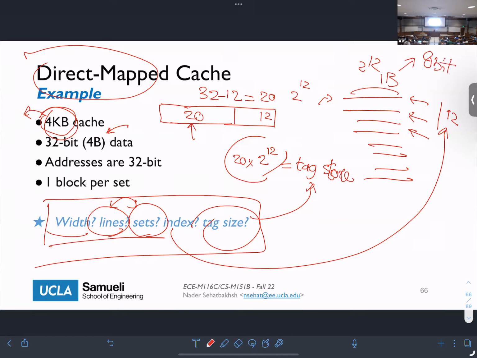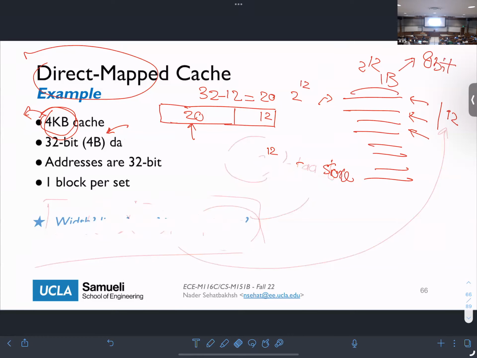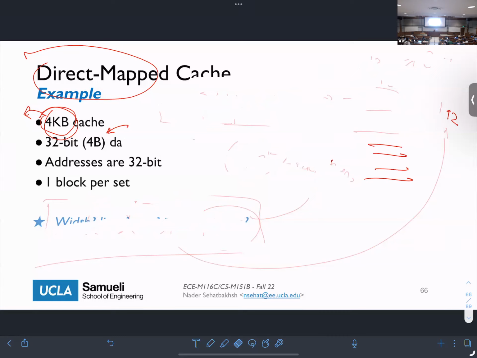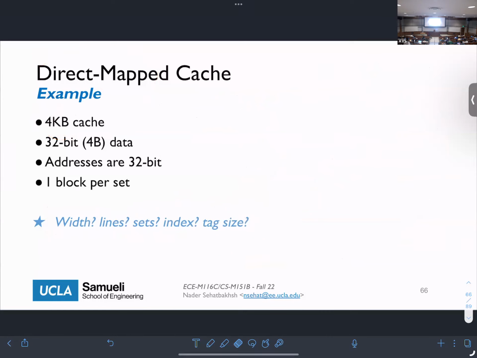But if I want to do this correctly, what I should have done is, if I assume that my cache lines are 64 bytes, then each block would be 64 bytes. So the number of entries is 4 kilobytes divided by 64 bytes.